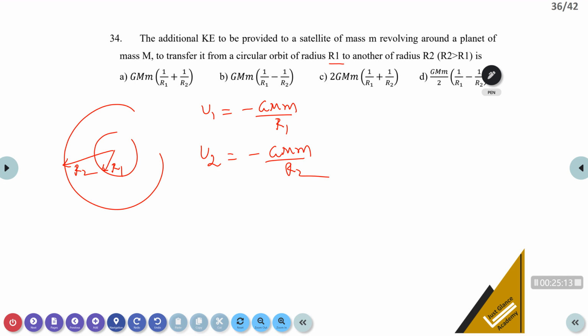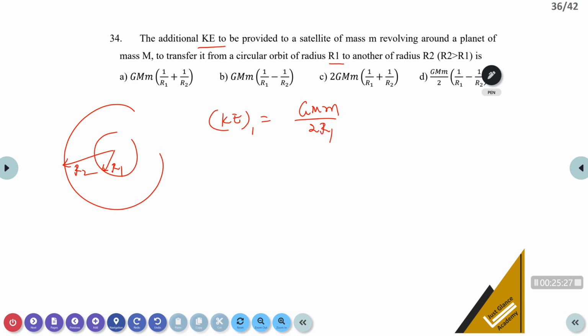Kinetic energy is asked, no? Okay. Kinetic energy is half of the what? Potential energy, that is. Okay. First, kinetic energy on surface 1 equal to GMm divided by 2R1. And kinetic energy here on this surface equal to GMm divided by 2 into this distance is what? At a height of what? This will be R2. But remember students, always the kinetic energy, as you go above, it will decrease.